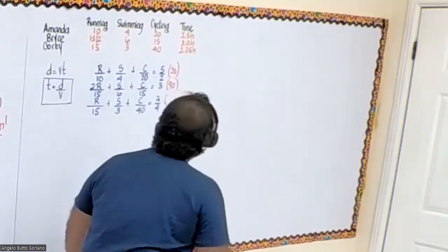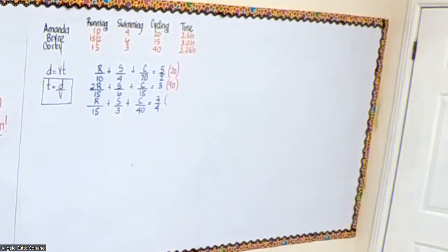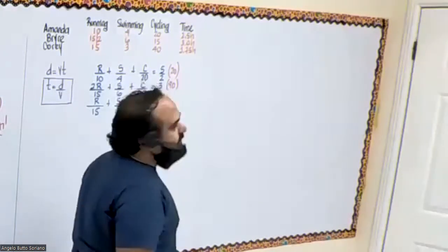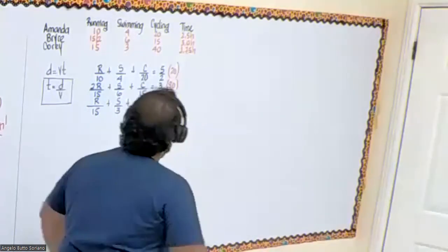And the last one, 15 times 3 times 40, that will be 1800. Okay, perfect.